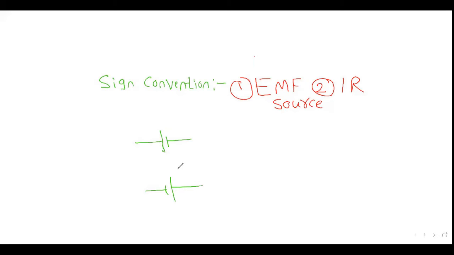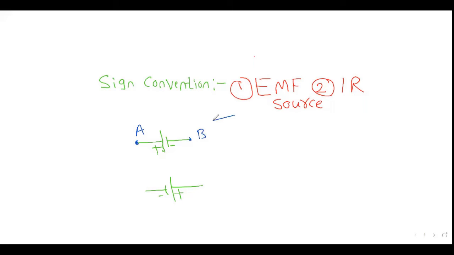Remember that for a battery, the larger line indicates that it is positive and the smaller line indicates that it is negative. Let us make some arbitrary indications on this diagram. Let us say that this is point A and this is point B.